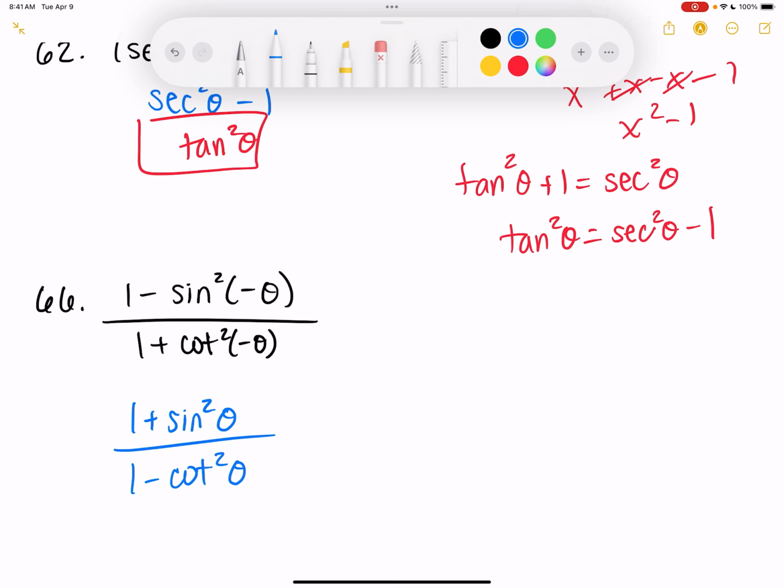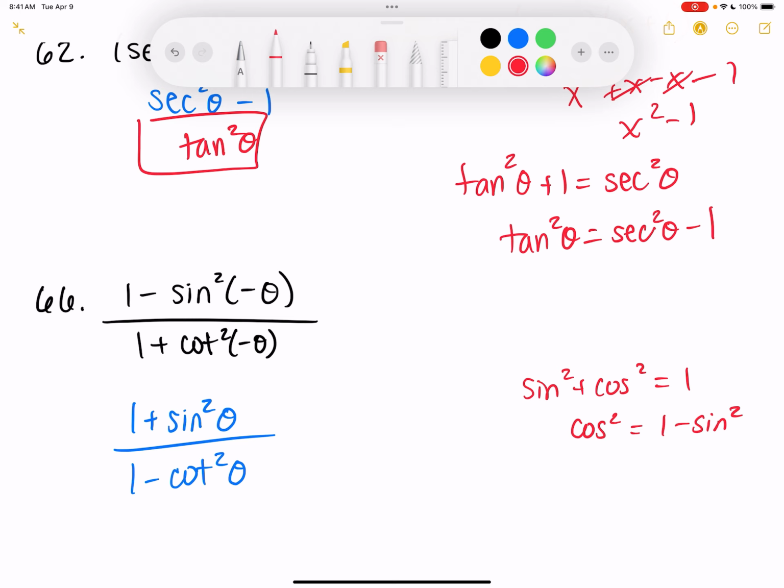It says sine squared theta plus cosine squared theta is equal to 1. Okay, so that says sine squared plus cosine squared is equal to 1, but I've got 1 plus sine squared. When I manipulate it, this would be 1 minus sine squared. So is that the same thing? No. So I just have to leave the top.